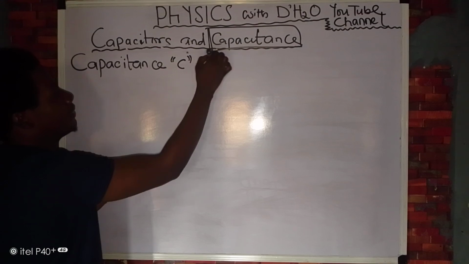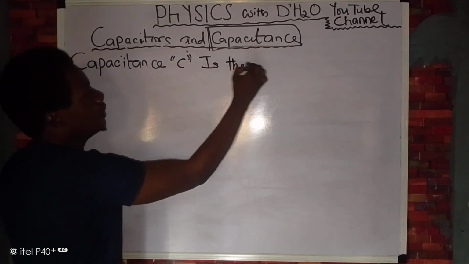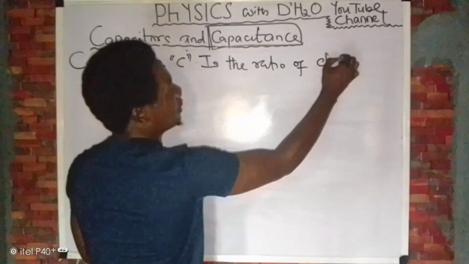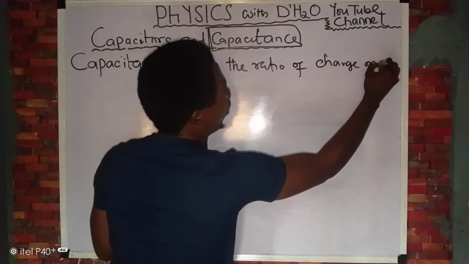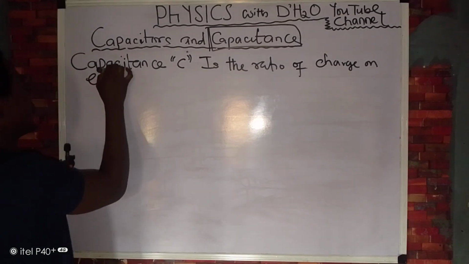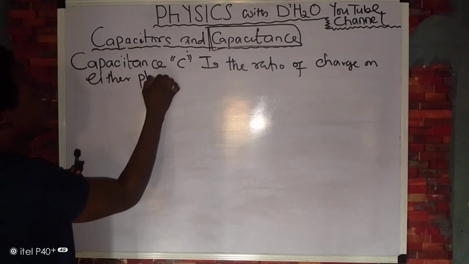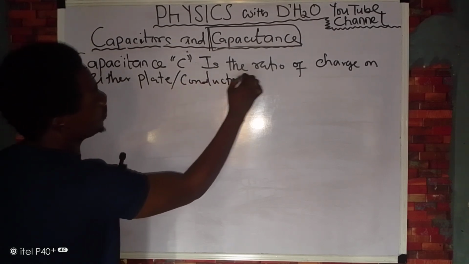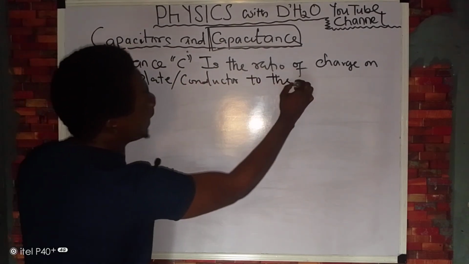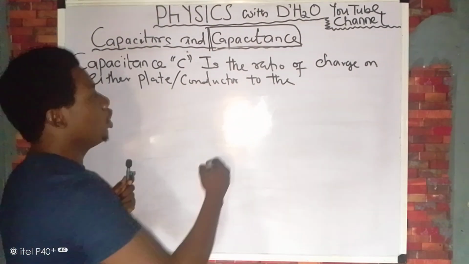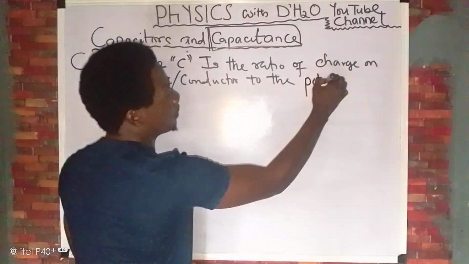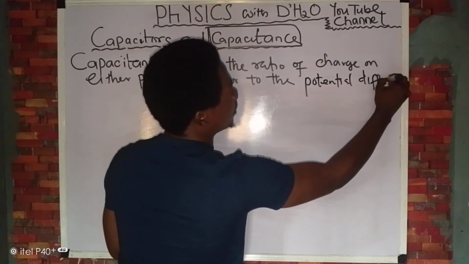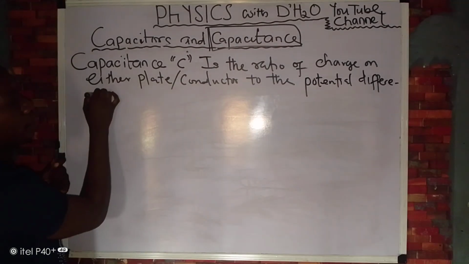Now, let's go back to what we call capacitance. A capacitance is the ratio of charge on either plate or conductor to the potential difference between the plates.